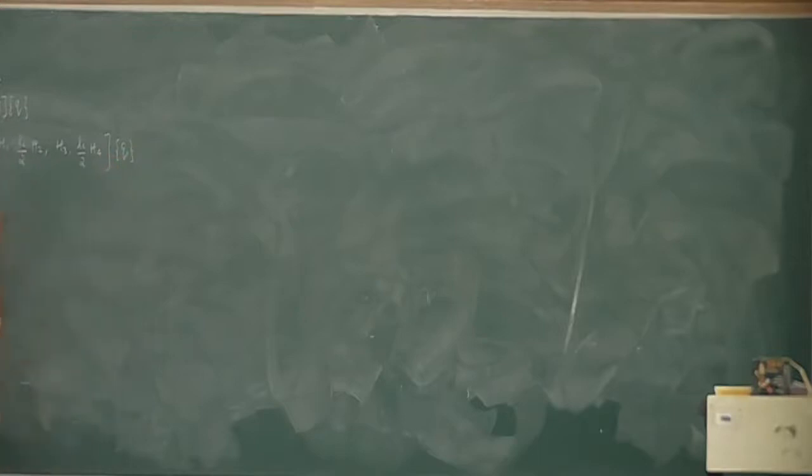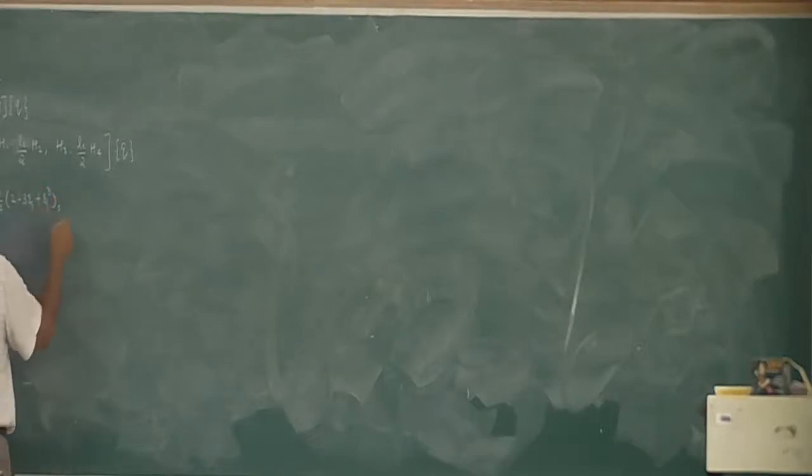Why am I writing this? We need to find out all these shape functions. The first one is 1 by 4 into 2 minus 3 zeta plus zeta cube.